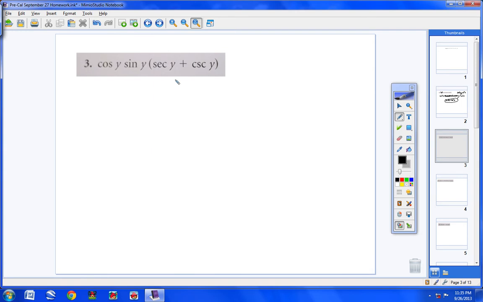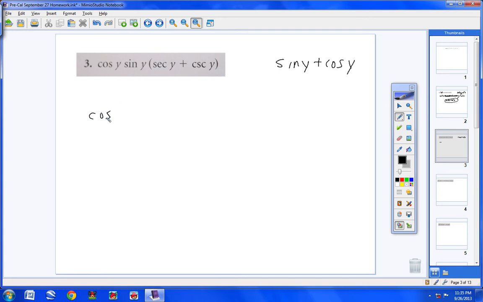Let's take a look now at number 3. The answer that we're supposed to get for number 3, according to the book, is sine y plus cosine y. Now, let's go ahead and do our multiplication. We have cosine sine, that's one term. They're multiplying. Cosine sine times secant.